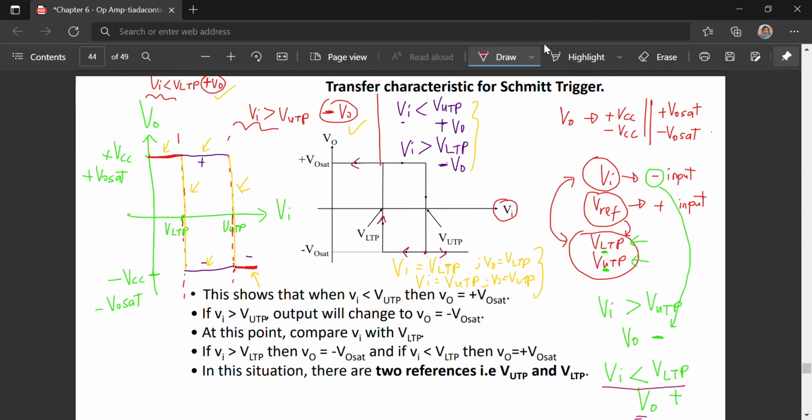And for this part, the arrow is when VIN is greater than VLTP. Here VIN equals VLTP, and if VIN becomes greater, it will go in this direction. However, the value will still be maintained at positive saturation, and then it will go down when it reaches the VUTP value. So that's it.